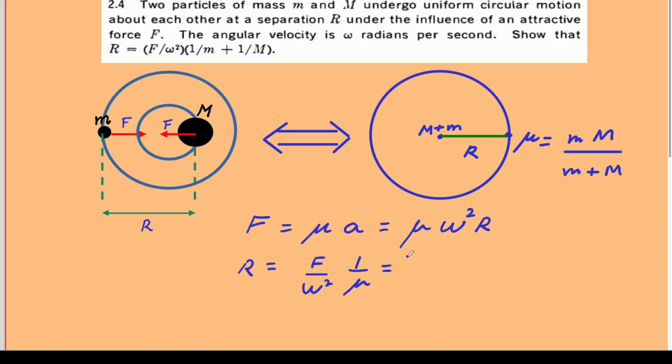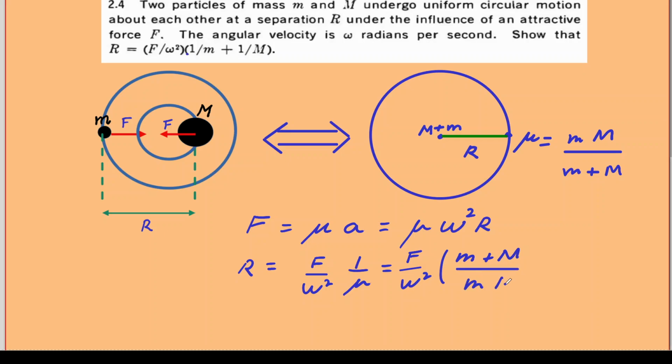But what is that? That is that guy here, so it's M plus m divided by Mm. So, and that equals what?